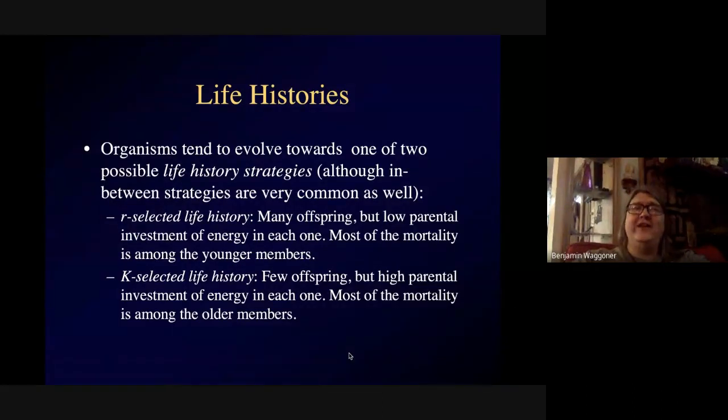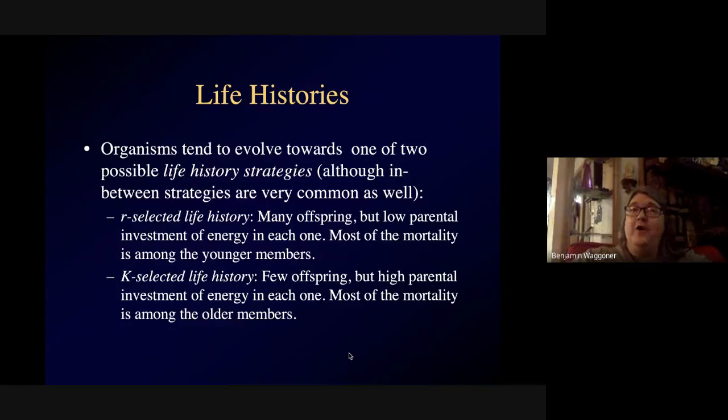R-selected species tend to maximize that rate of increase. They may produce lots and lots of offspring, but don't invest very much energy in each one. You might have a plant that produces many thousands of seeds, but the seeds don't contain much in the way of nutrition.